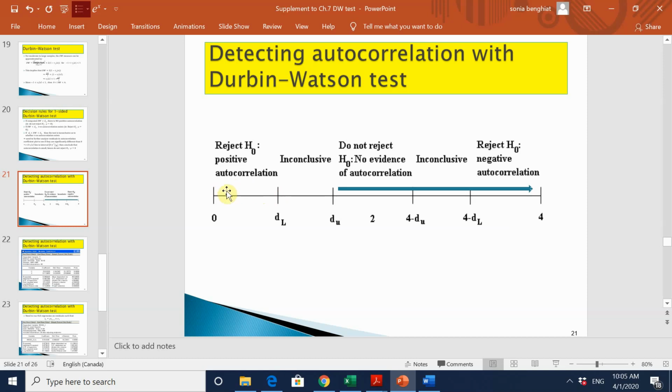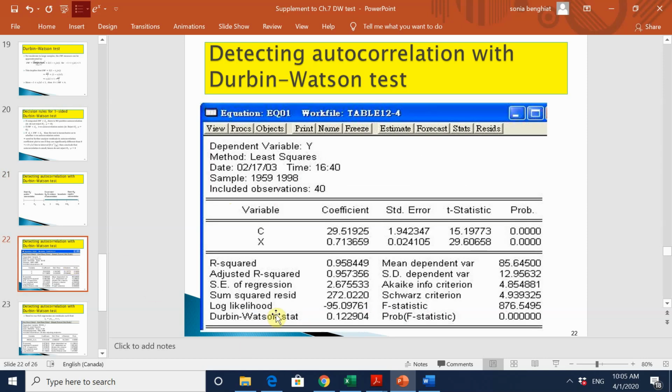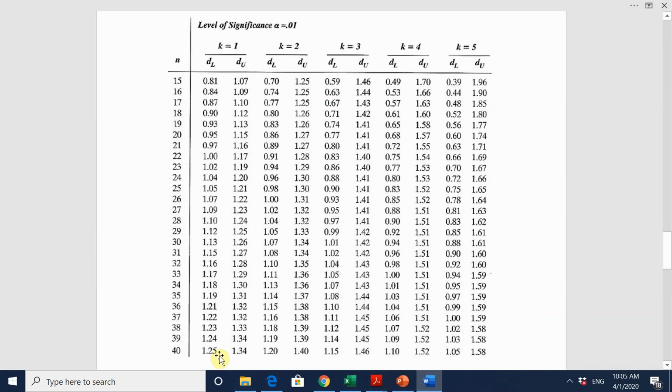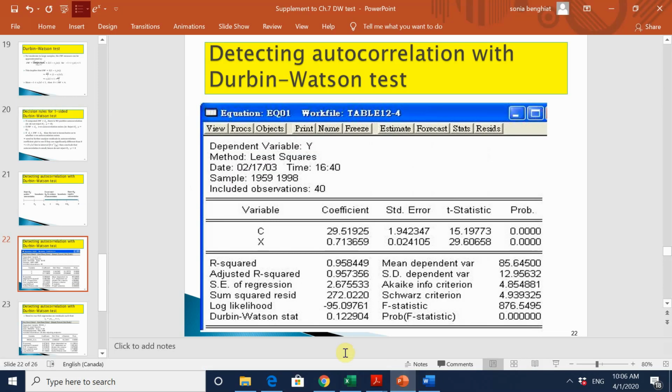And in fact, we have a Durbin-Watson statistic of this value right here, clearly less than the 1.25 in our table at an alpha of 0.01. So here we must reject the idea that there is no correlation. In fact, there is some autocorrelation going on.